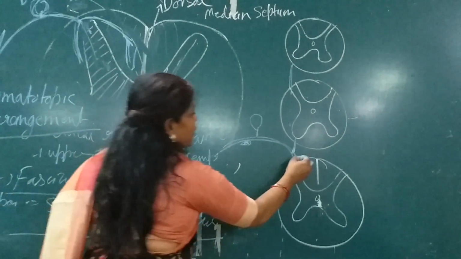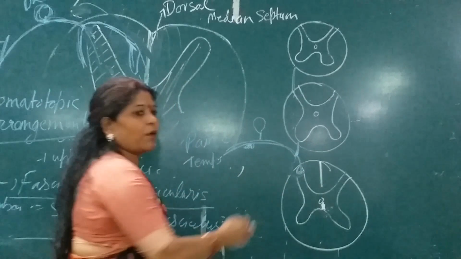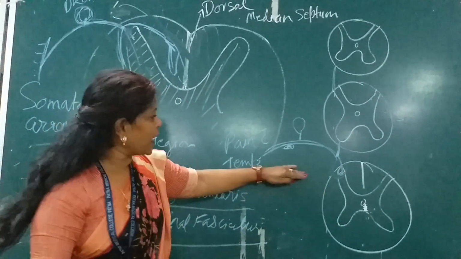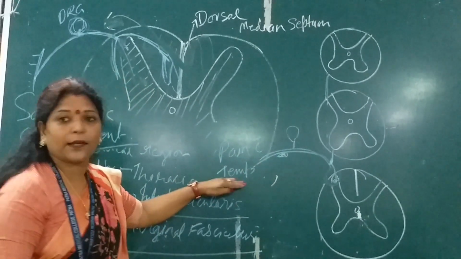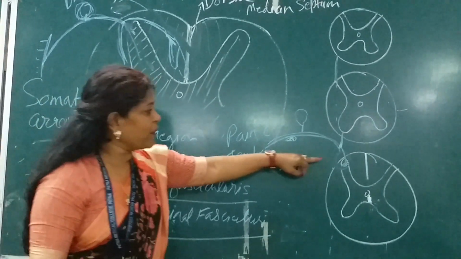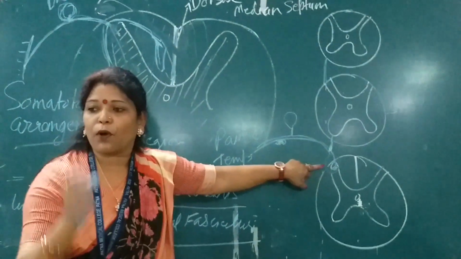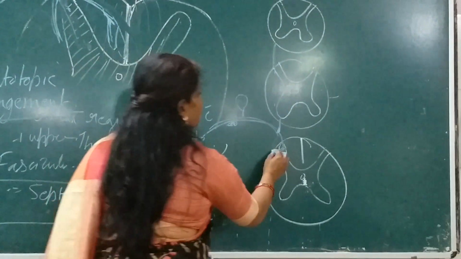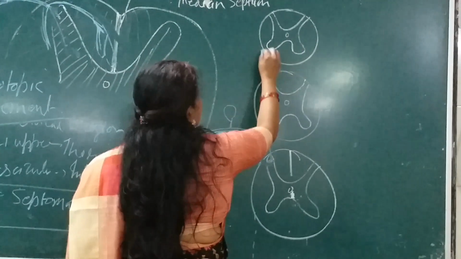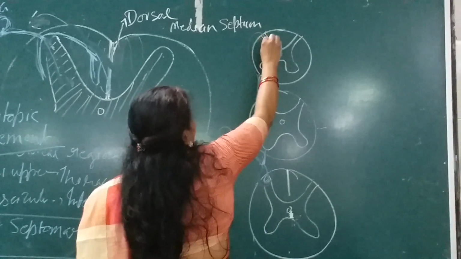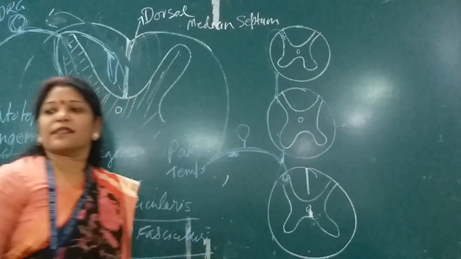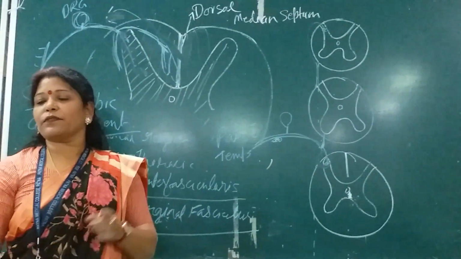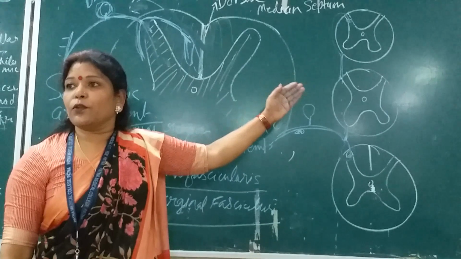So this tract of Lissauer is formed by the ascending and descending fibers carrying the pain and temperature sensation before they relay in specific neurons of the dorsal gray horn. When it ascends, it will relay in the substantia gelatinosa. From here the story of the second order neuron will start.